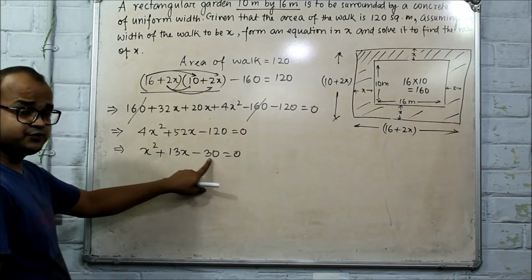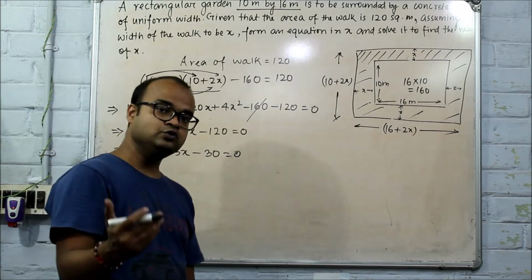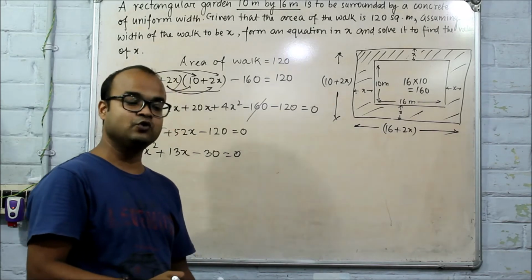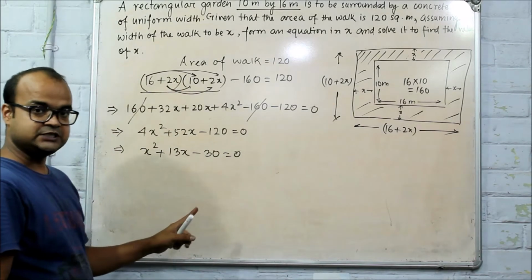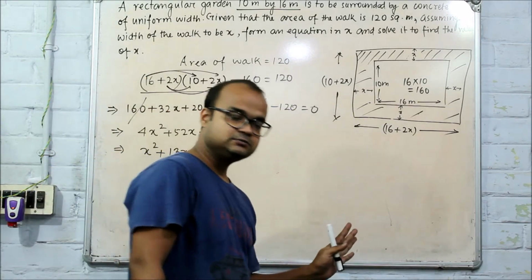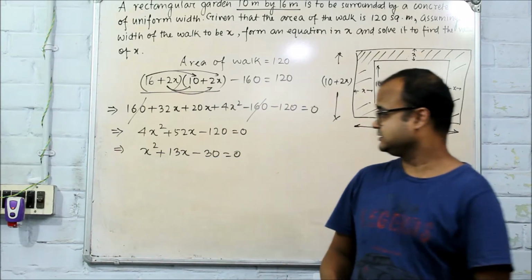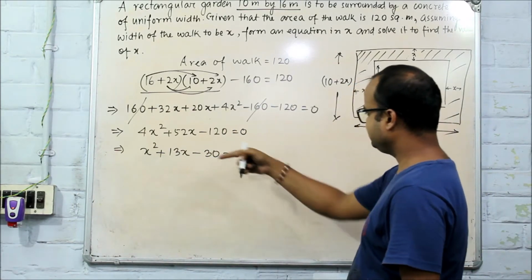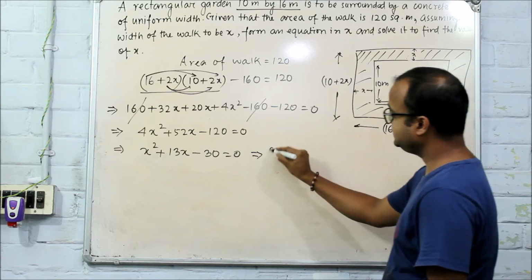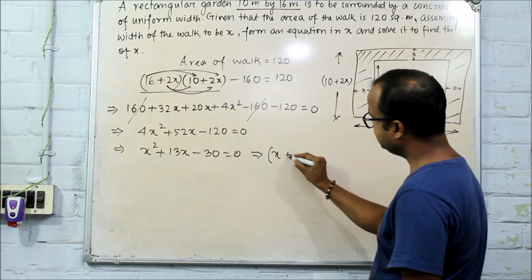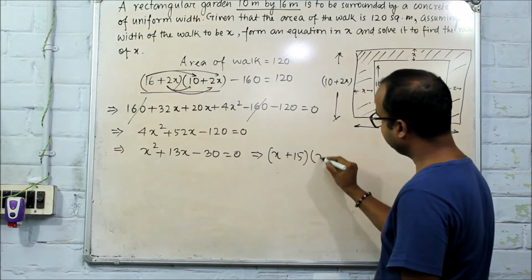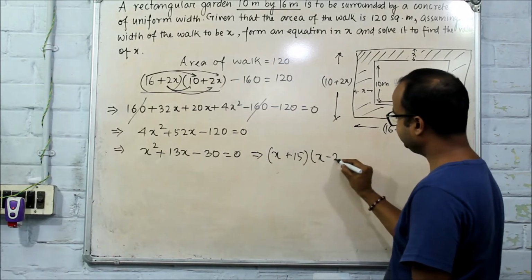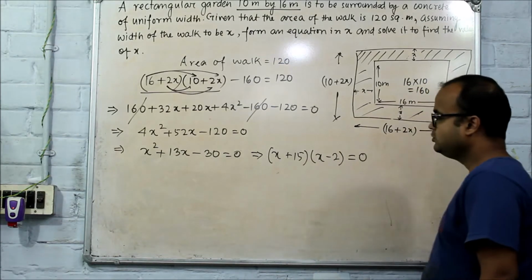It is your choice whether you go for the factorization method or the formula method. Here I am showing you the factorization method. So the factors will be x plus 15 and x minus 2 is equal to 0.